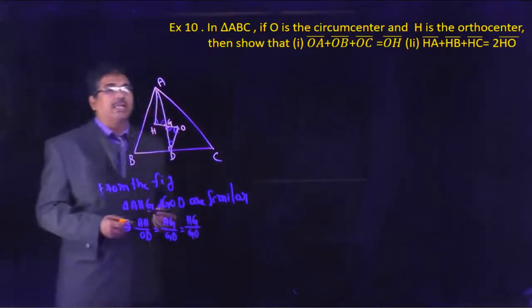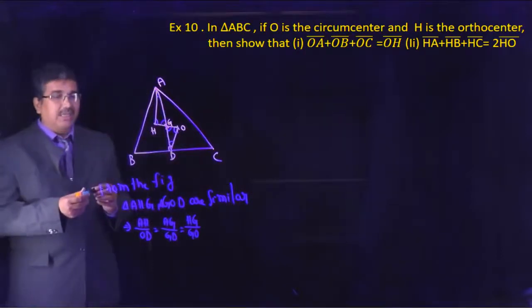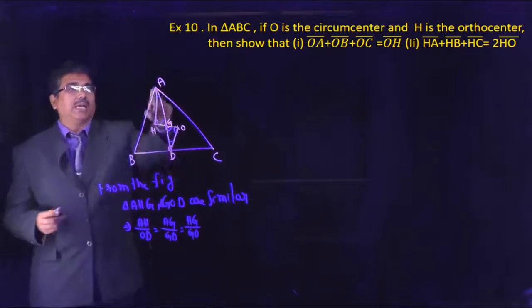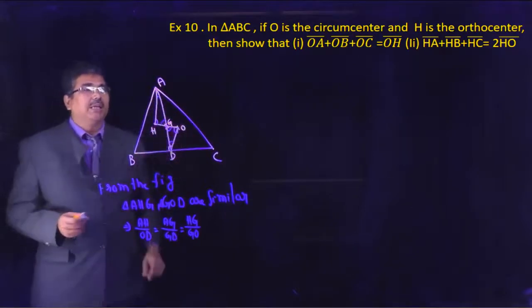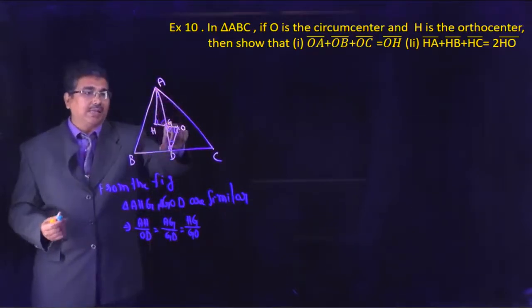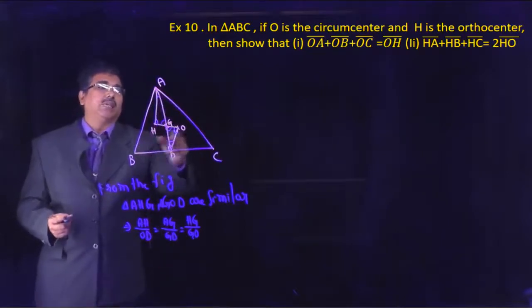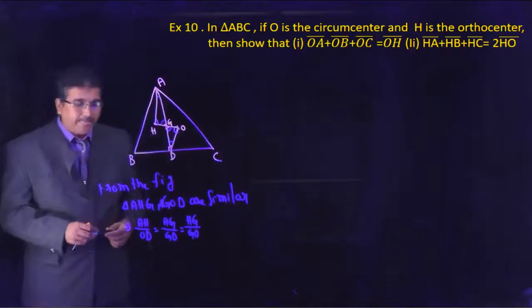These two triangles are similar, then the sides are in proportion. That implies AH by OD is equal to AG by GD is equal to HG by GO, right?